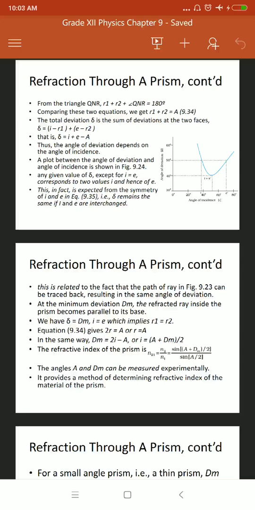So if delta is dm, the minimum deviation, then by assuming I equal to E, we can say R1 equals R2.